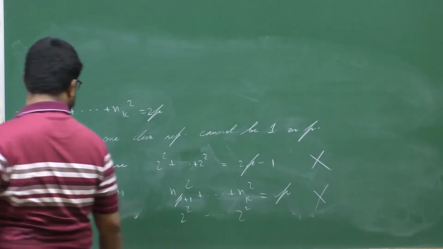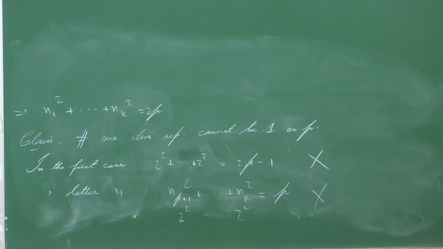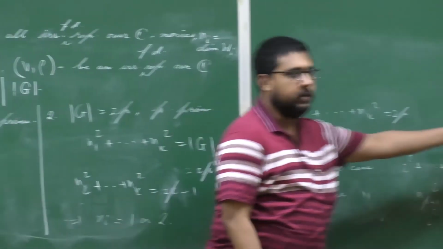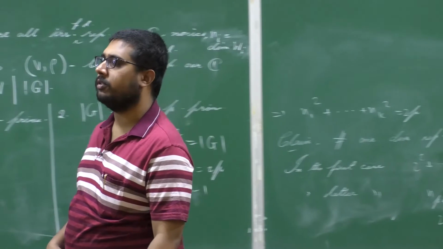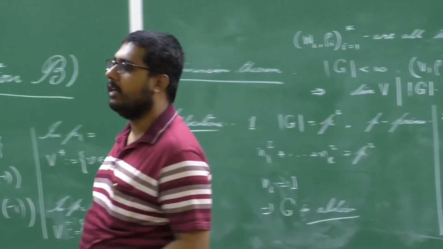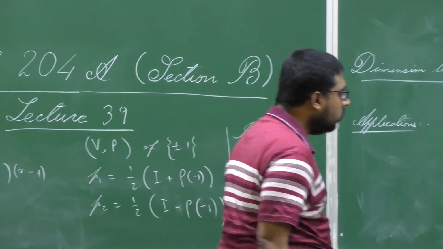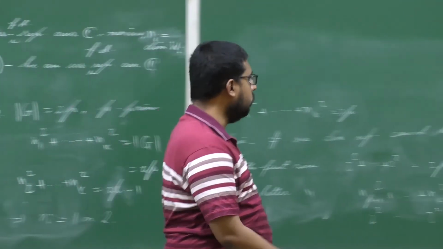So thus, the number of one dimensional representations cannot be 1 or p. So there are exactly 2 possibilities then. It has to be either 2 or 2p.